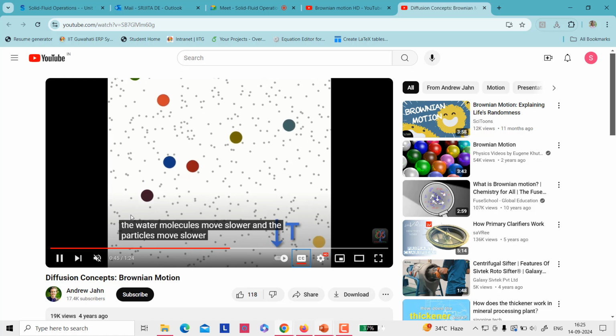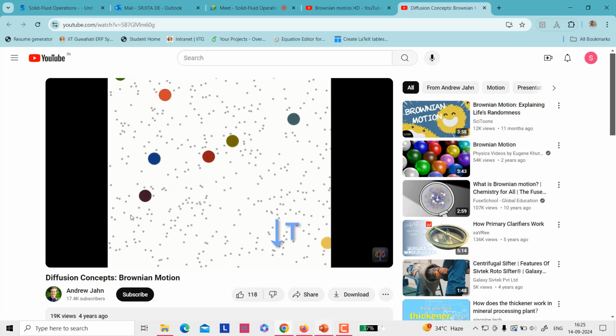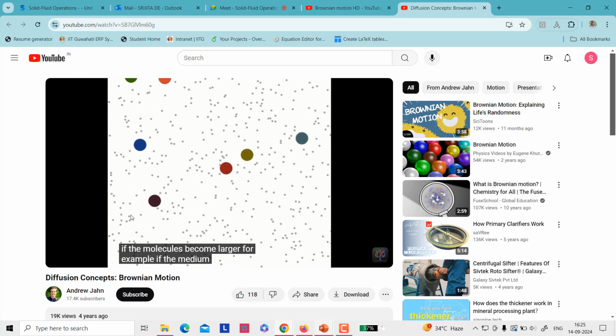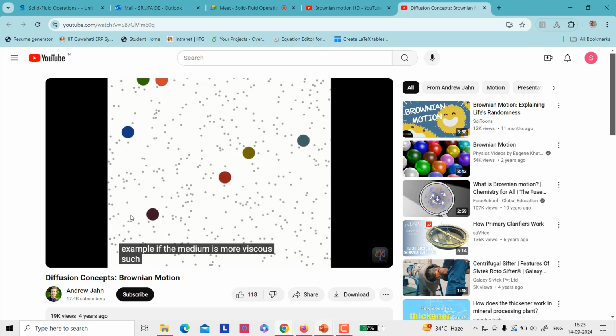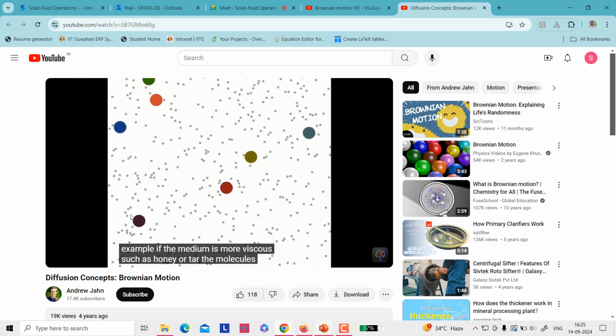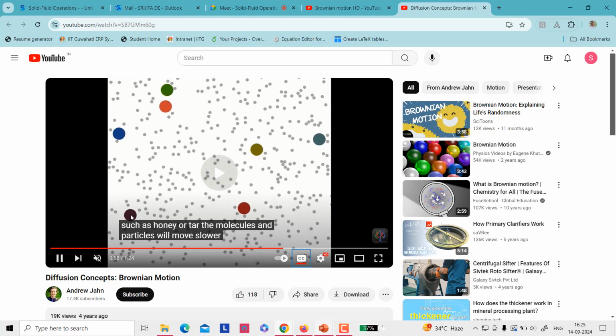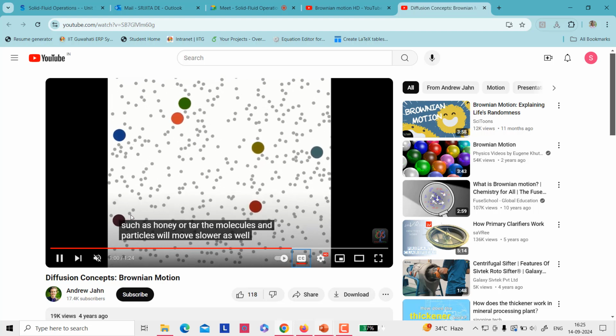Conversely, if the temperature goes down, the water molecules move slower and the particles move slower. So it is clear. And if the medium is very viscous, such as honey or tar, or glycerol as I said, the molecules and particles will move slower.